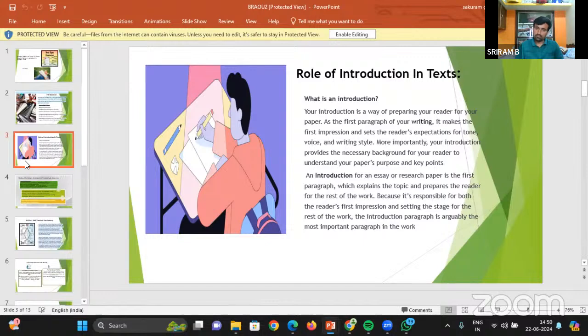An introduction for an essay or research paper is the first paragraph which explains the topic and prepares the reader for the rest of the work, because it's responsible for both the reader's first impression and setting the stage for the rest of the work. The introduction paragraph is arguably the most important paragraph in the work.